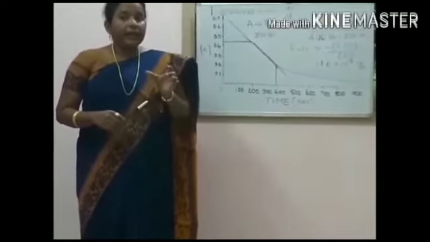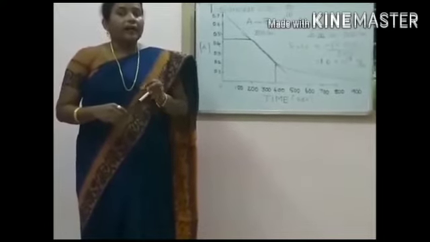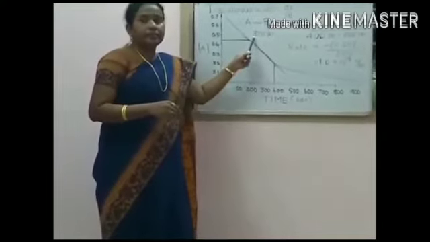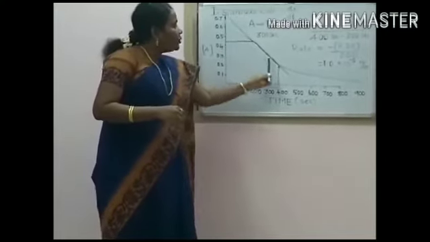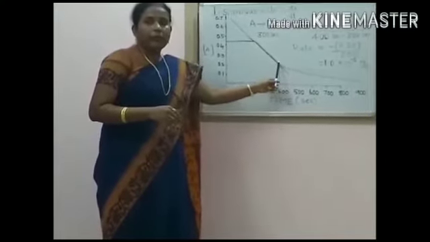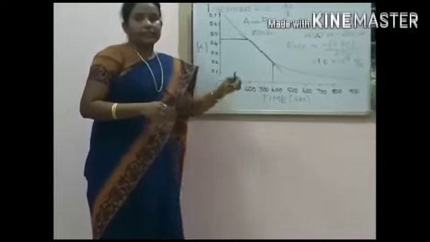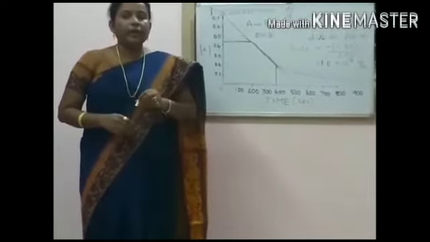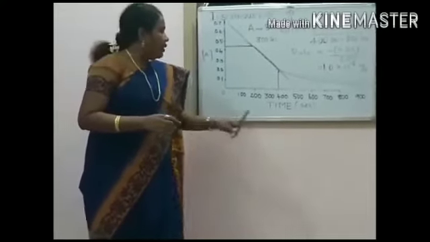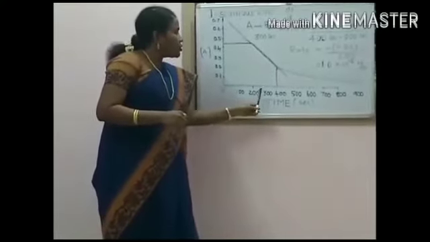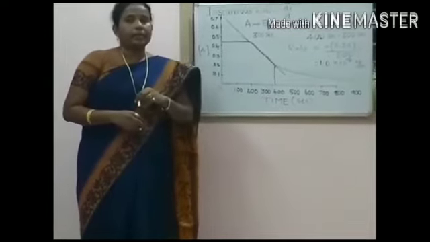So, to find the rate of the reaction at 300 seconds, simply I draw a line tangent to the curve at 300 seconds. To calculate the slope of the line, I am choosing the time interval from 200 seconds to 400 seconds.